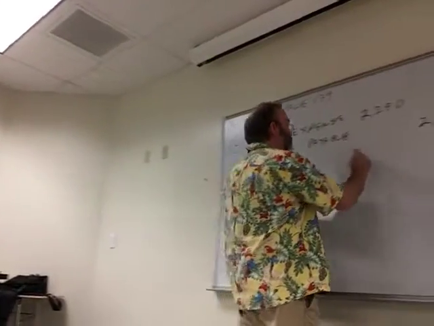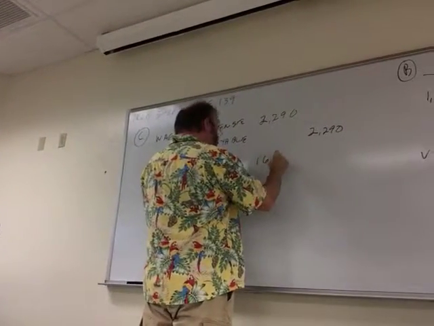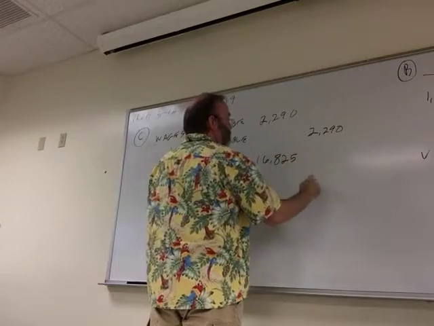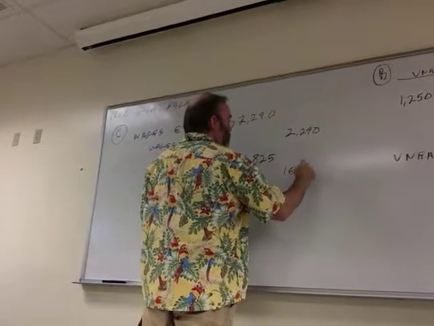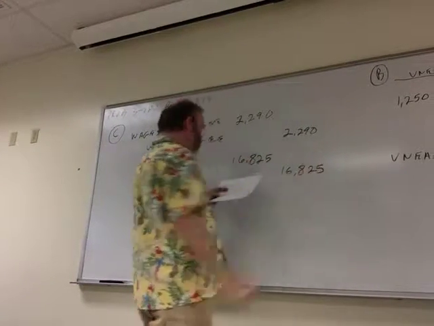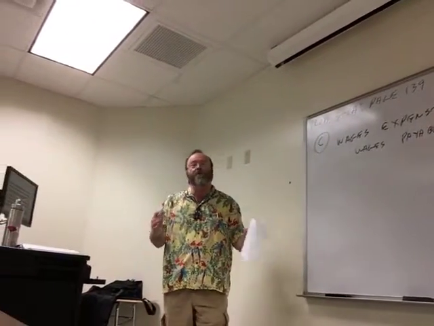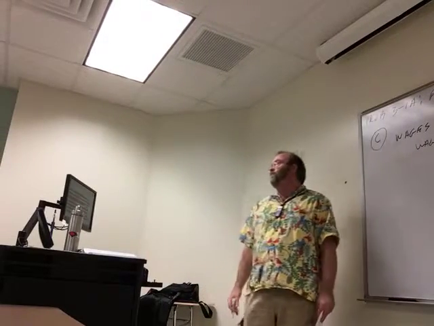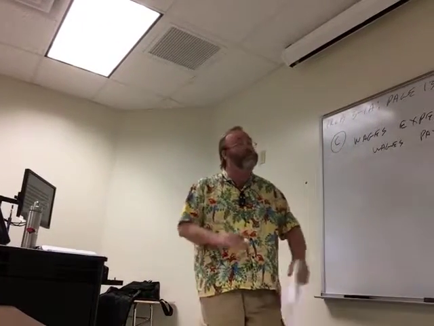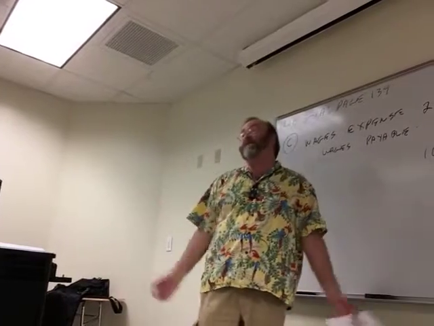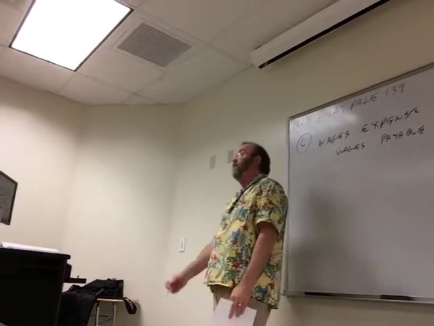D, fees accrued but unbilled on March 31st are $16,825. So we've earned this money. We haven't been paid. We probably haven't even sent the bill out yet.